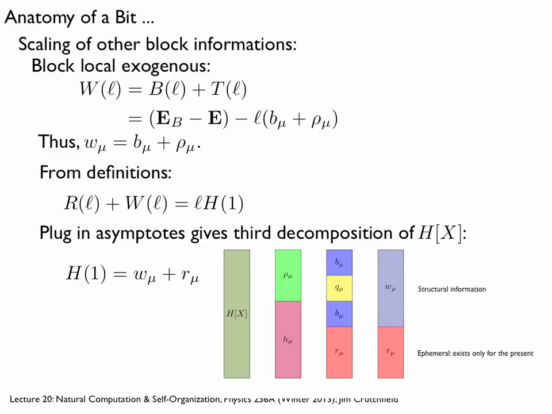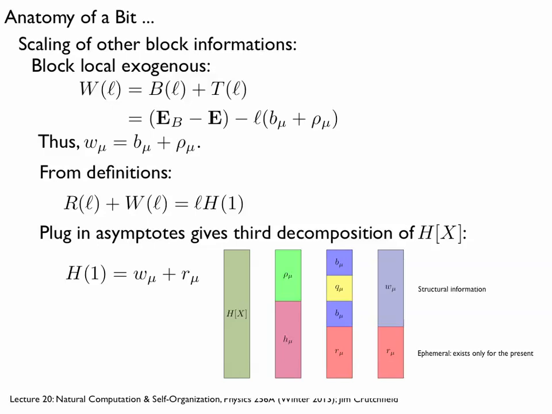Right, so we have this local exogenous information, and it happened to be the bound plus the correlation informations. Same exercise here, plugging in the linear asymptotes. We see that there's another quantity that gives the slope of this, that is b mu plus rho mu. So what we're saying is that W mu is B mu plus rho mu, or B mu plus Q mu plus B mu.